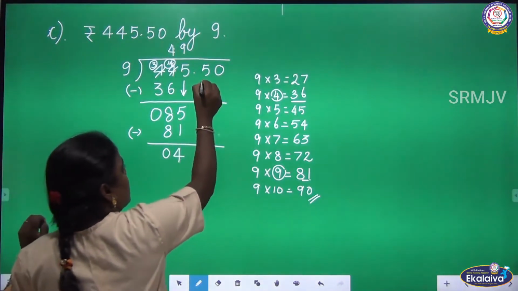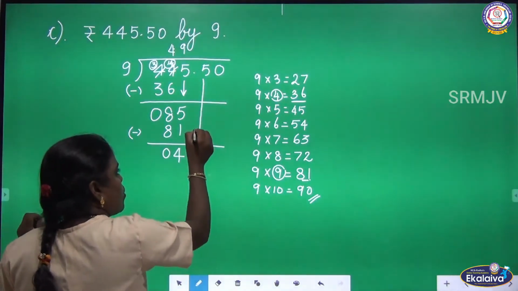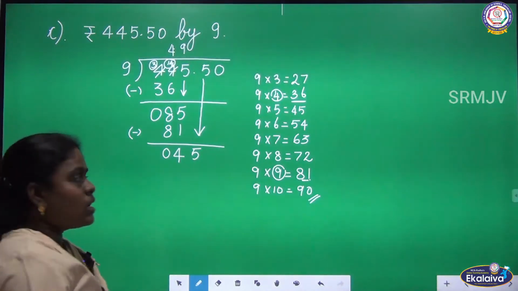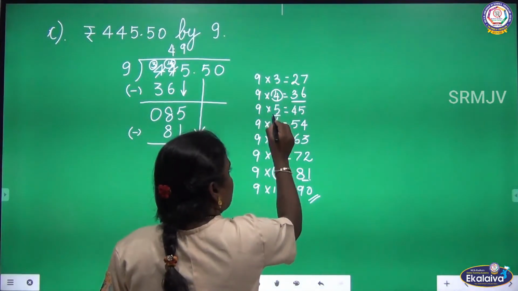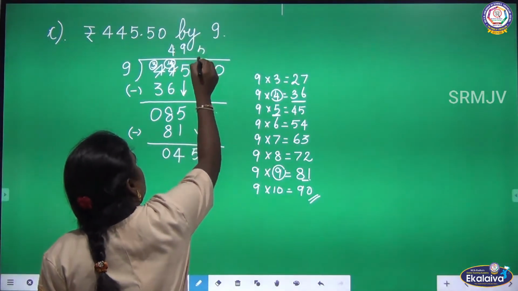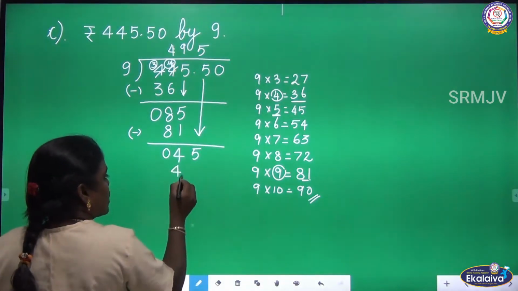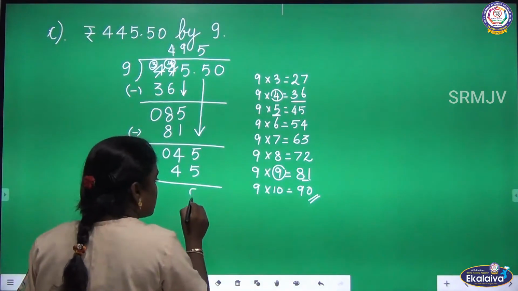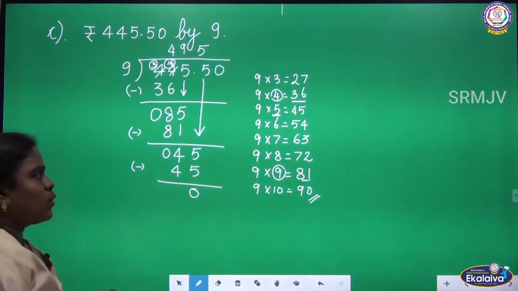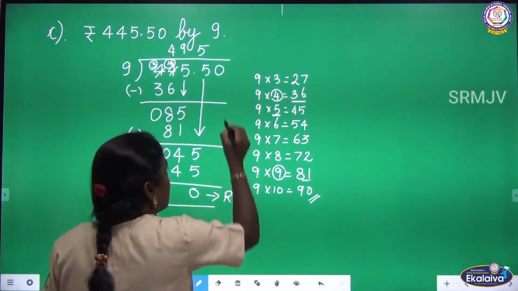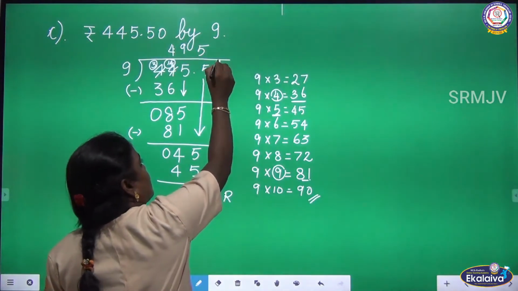So I am going to take down the next digit. 45 we have. Yes, look at the table. In the fifth time we can get 45. So write 5 in the quotient, 45 below the number, and here if you subtract you can get 0. Yes, listen here, the remainder is 0 and we have 0 in the dividend also.